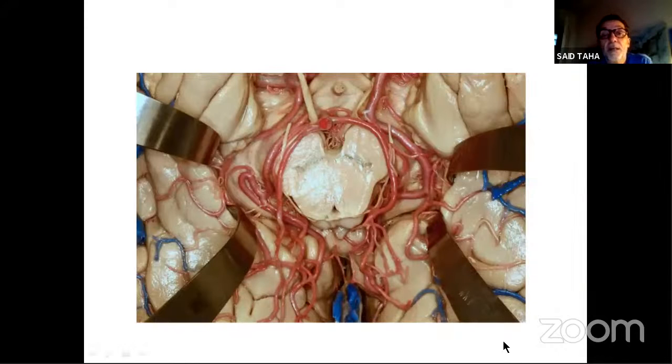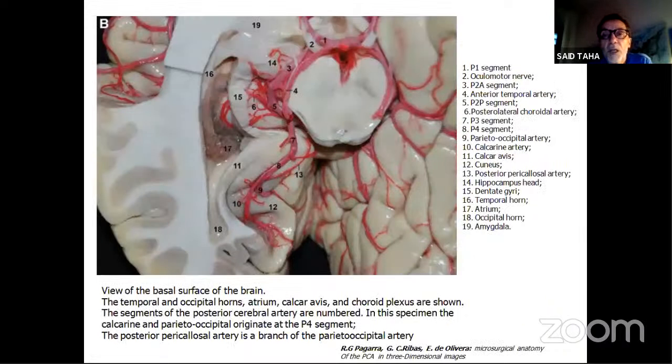Here again, the posterior cerebral artery and superior cerebral artery run along the crural and the ambient system to reach the medial, the posterior part of the midbrain, to go to the cortical region, and behind the tentorium.